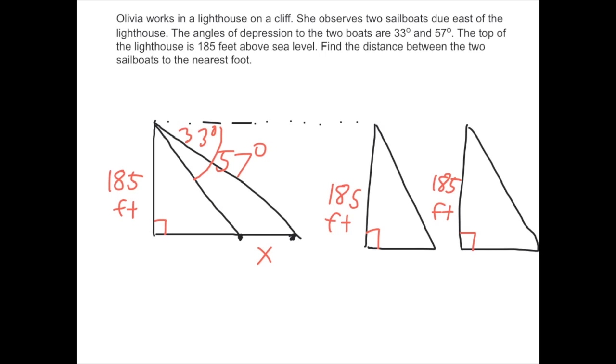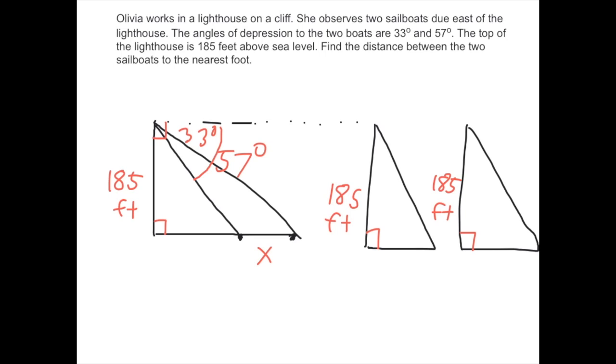And now we need the degrees of this angle in both of these. Now we weren't explicitly given that. We were given that this was 33 and this whole thing was 57. We also know if this is a line of sight, that means this right here is a right angle.